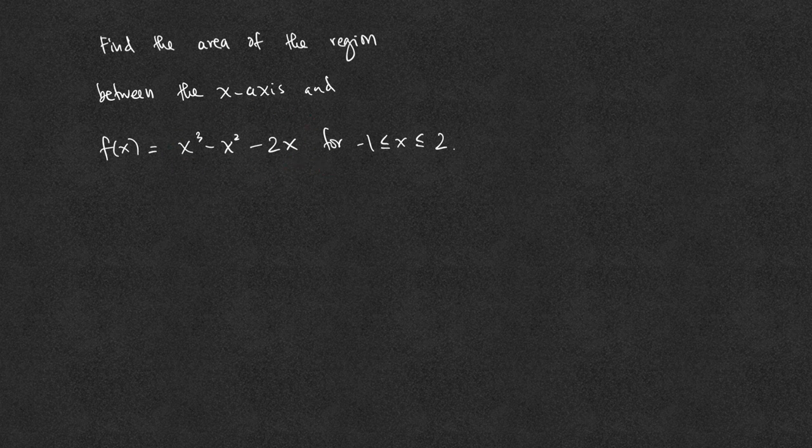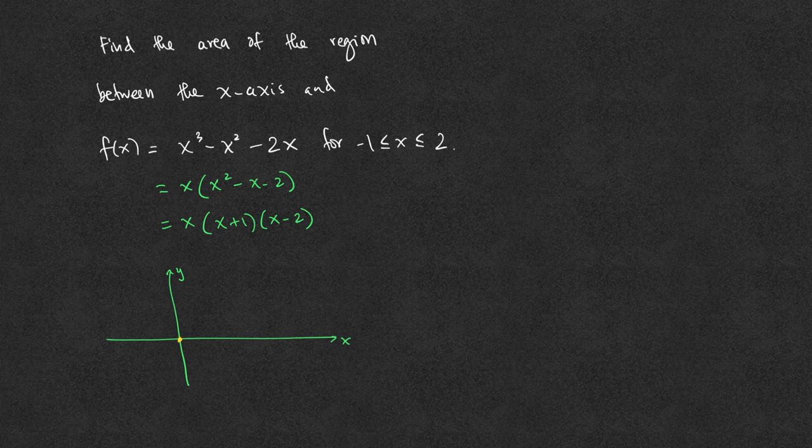To sketch the graph of this function, we first factor out x, and we have x squared minus x minus 2, and we can factor the quadratic even further: x plus 1 times x minus 2. And so we see that there are three x-intercepts for this graph f of x, and they are 0, -1, and +2.